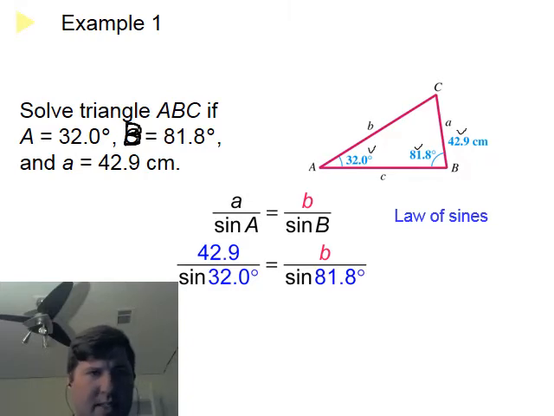That didn't work very nicely. So let me write out what exactly happened. I'm going to multiply both sides by this sine of 81.8 degrees. But if I multiply this side by that, I also have to multiply this one.